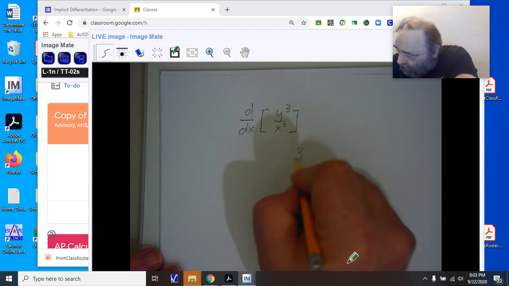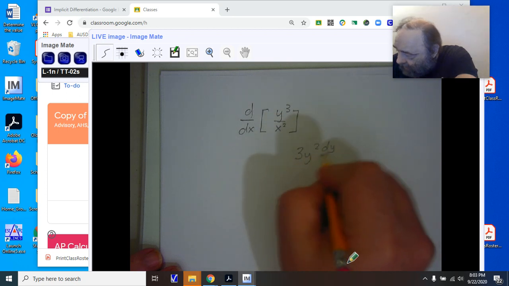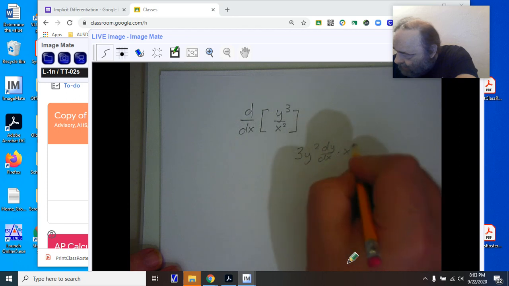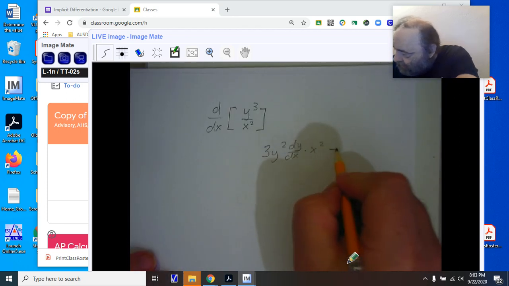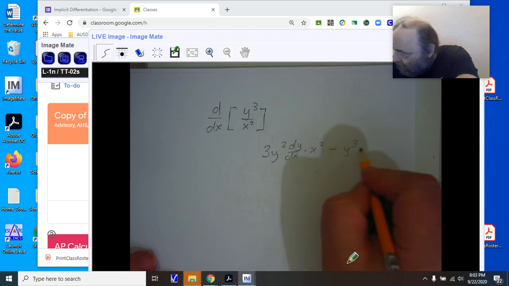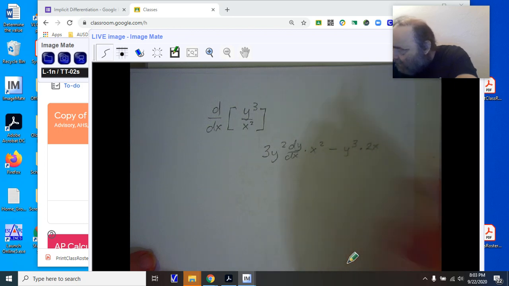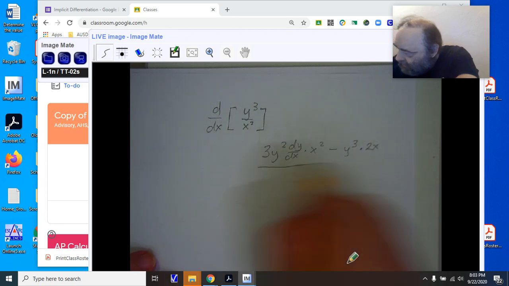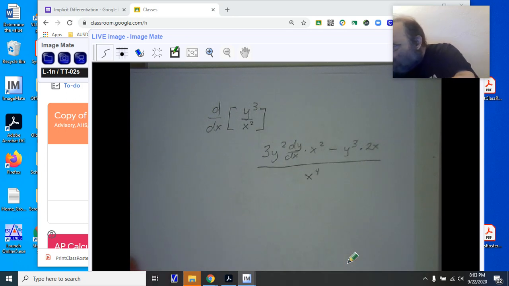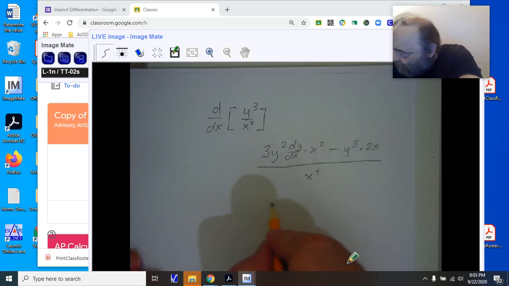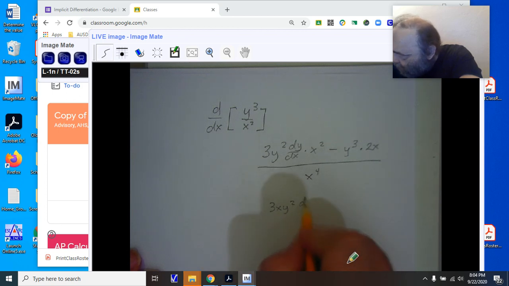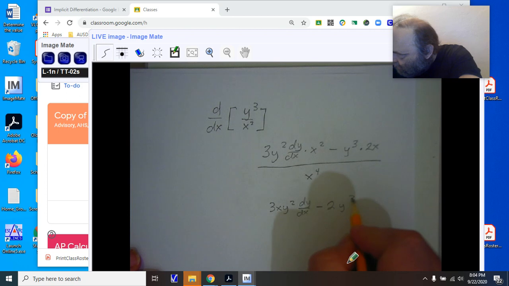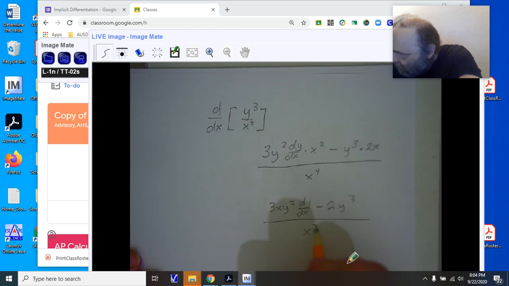So here we go. 3y squared dy/dx multiplied by x squared minus the y cubed times 2x, and then we would have dx/dx. And this is divided by x to the fourth. Now notice there's an x in common, so we can factor that x out, call it 3xy squared dy/dx minus 2y cubed all over x cubed.